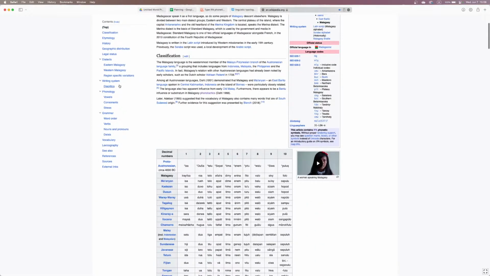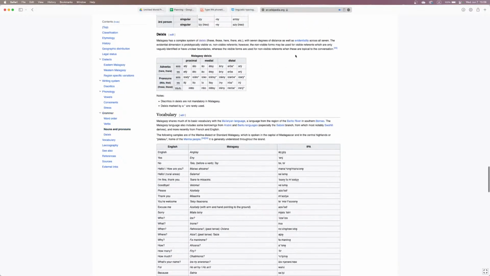Okay, so apparently Malagasy has a complex system of deixis. These, those, here, there, with 7 degrees of distance, as well as evidentiality across all 7. Oh my. The evidential dimension is prototypically visible versus non-visible reference. However, the non-visible forms may be used for visual references which are only vaguely identified or have unclear boundaries. So, oh my.